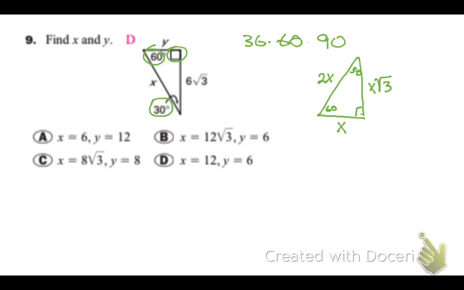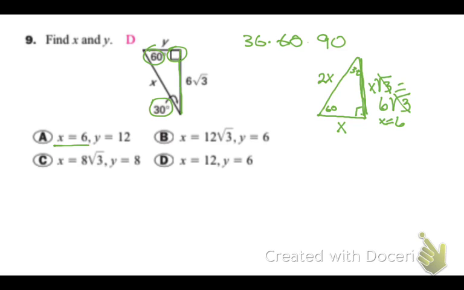So here you're given that this side is 6 root 3. If you turn that around, you get x root 3 is equal to 6 root 3. So you take away the square root of 3 from both sides, and you've got x is equal to 6.